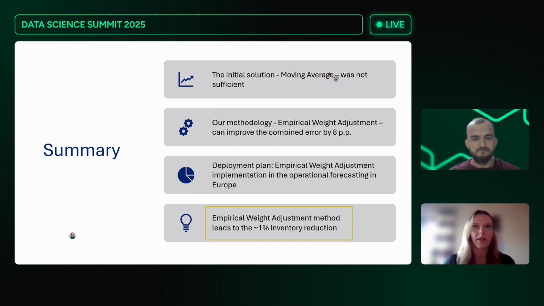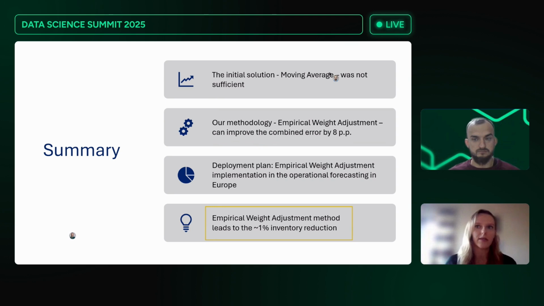And it turned out that our methodology, empirical weight adjustment, can improve the combined error by 8 percentage points. Yes, and we are going to deploy this method of empirical weight adjustment in our countries that we deliver our solution to.